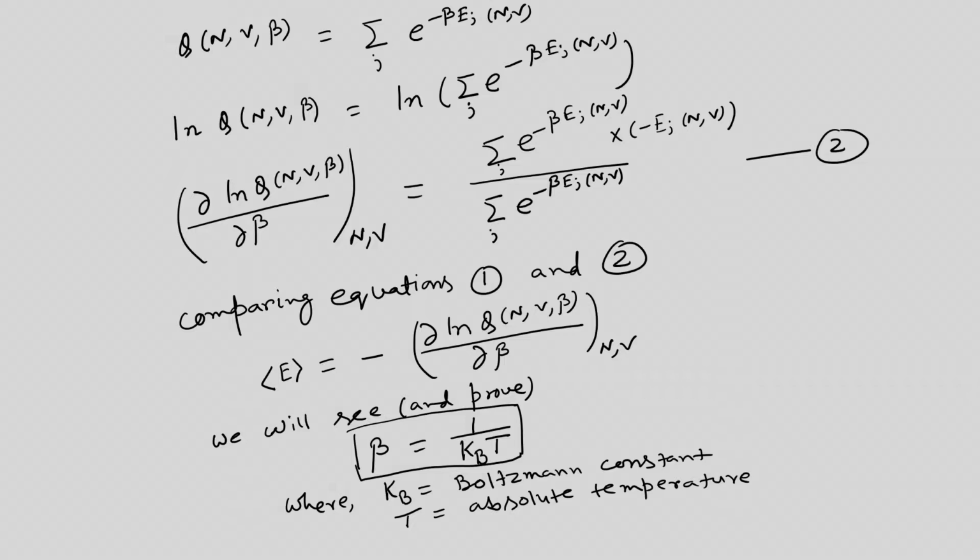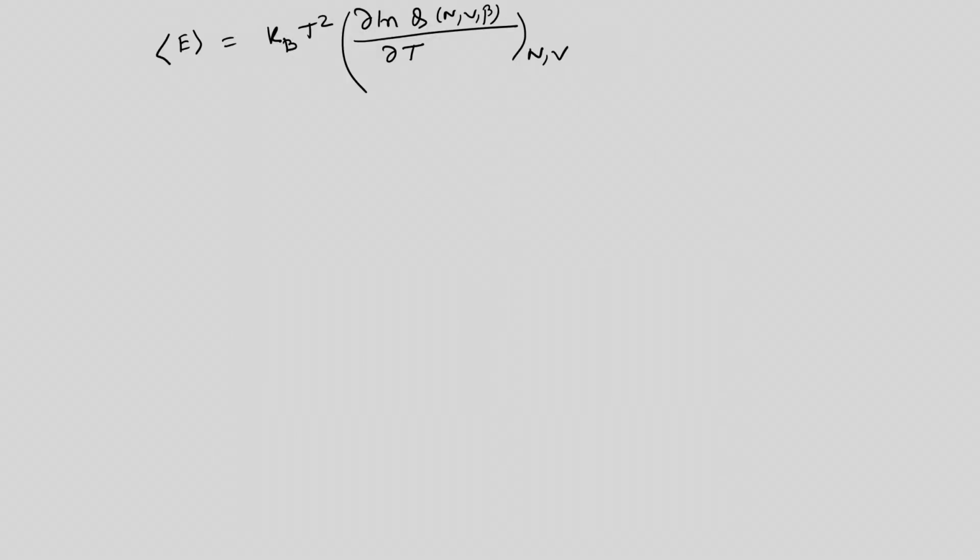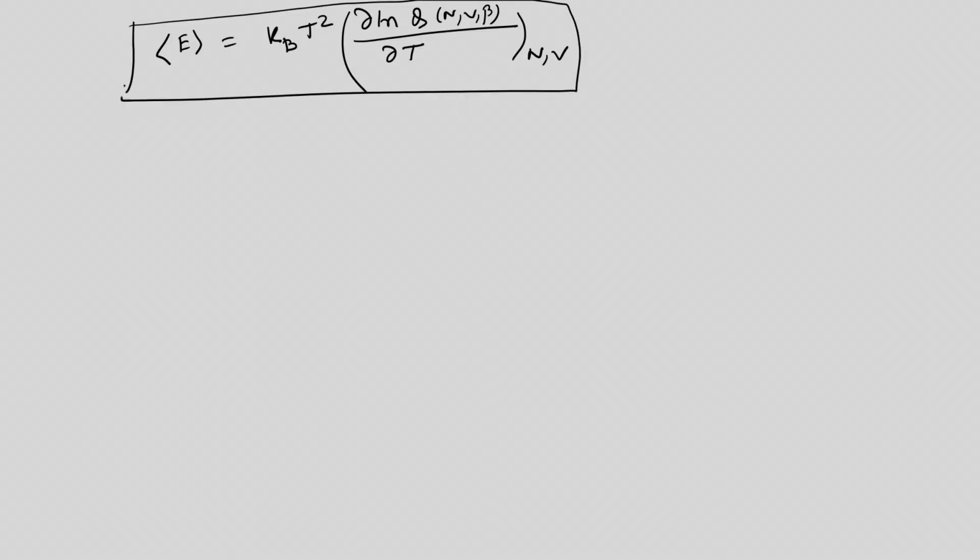We obtain average energy is minus del ln Q by del beta, and if we differentiate with respect to T, then we get the expression for average energy as kB T squared del ln Q by del T. So, this is the expression for average energy.